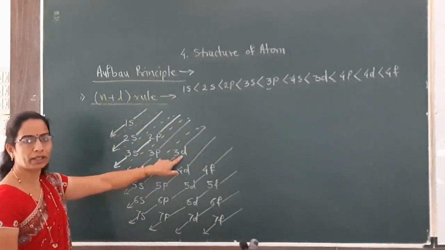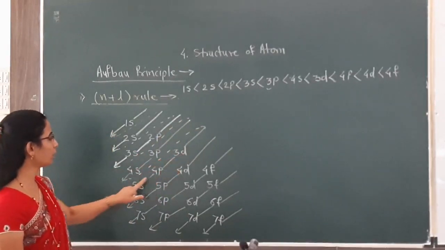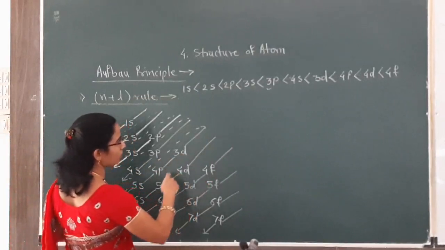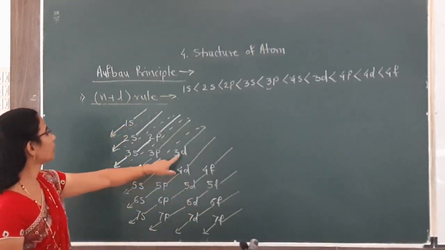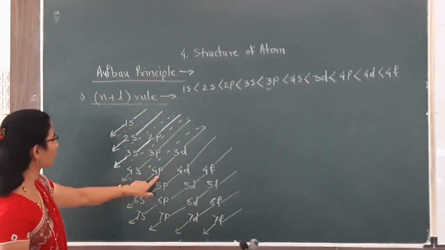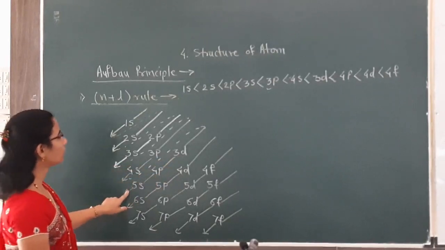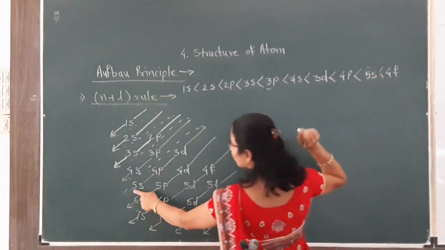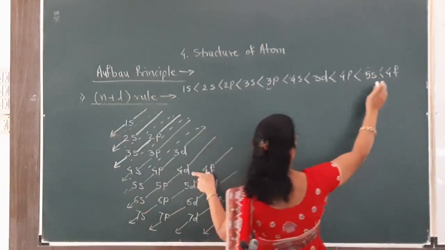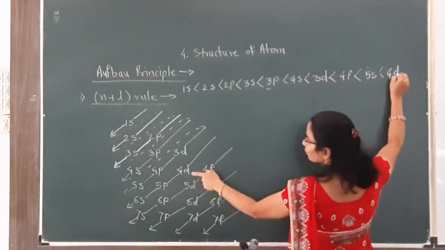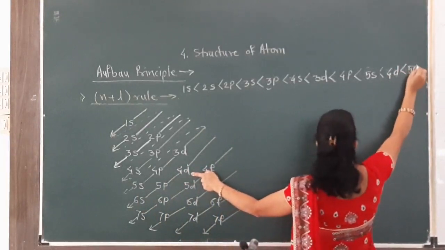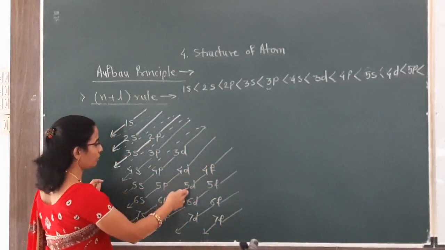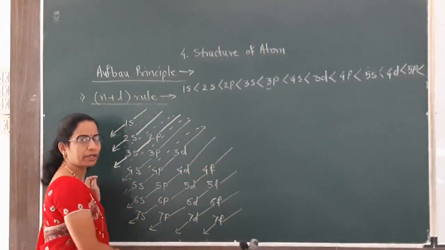Then you obtain 3d, 4p, 5s. After 3d you get 4p, and after 4p you write 5s. Then after 5s we go towards 4d, then 5p, then 6s, then 4f, 5d, 6p, 7s and so on.